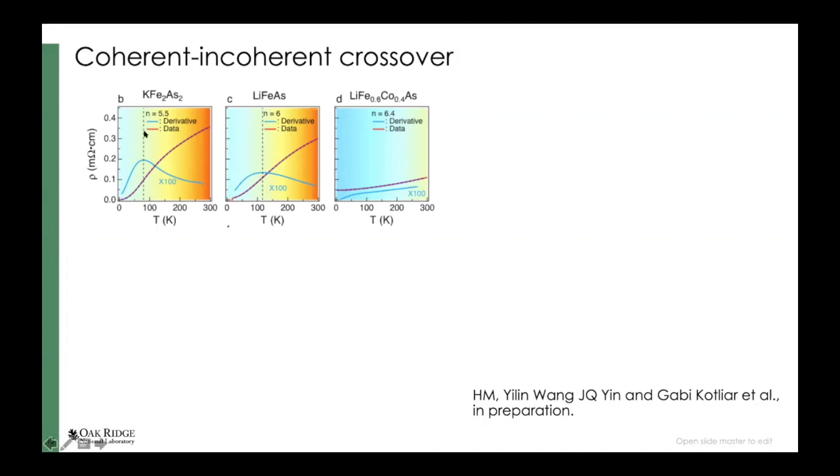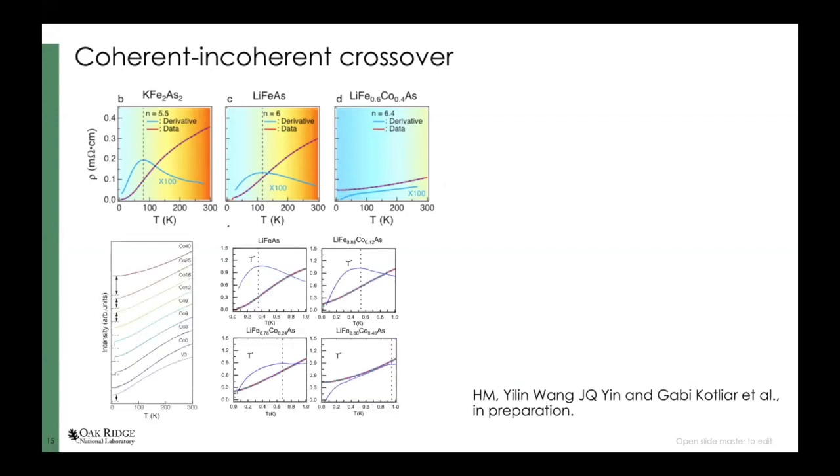Say here is 5.5 for potassium iron 2 arsenic 2, and 6.4 for cobalt-doped lithium iron arsenide. And you see for 5.5, you have a much lower coherent-incoherent crossover temperature, but for the electron-doped side, it goes all the way up to close to room temperature, even though for this material you have a lot of disorder.